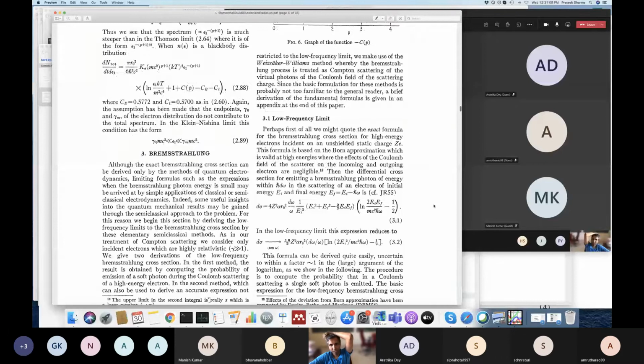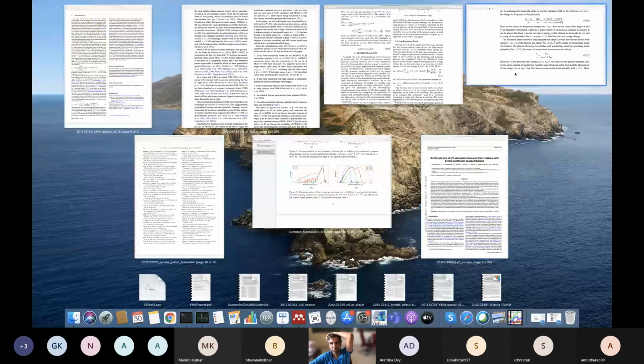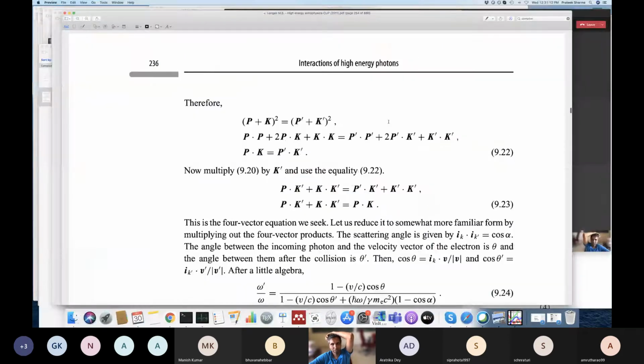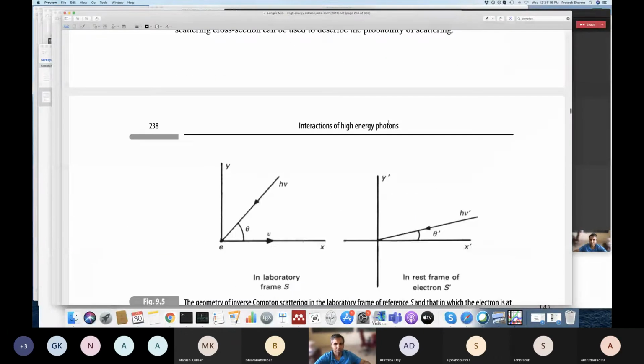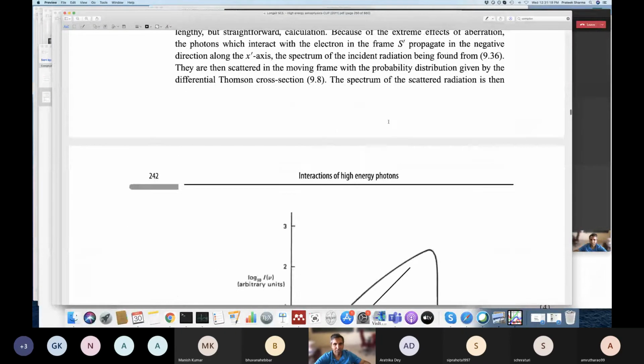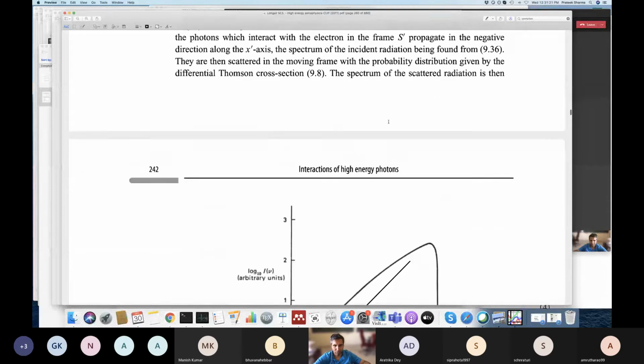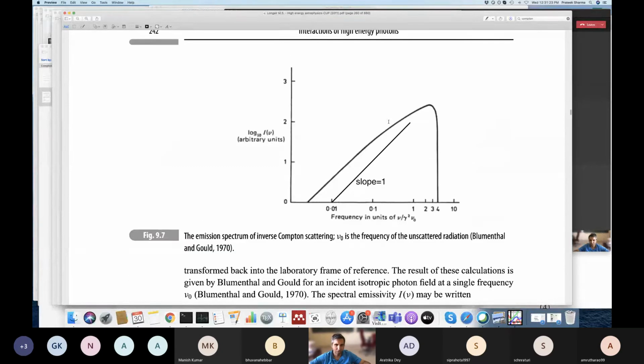Anyway, so the other thing is the book. This is the book by Longair, and here you can actually see exactly what I just drew. So this is slope 1. This is I nu versus nu by gamma squared nu naught. Here it's cutting off at 4, but I was actually normalizing it to nu by 4 gamma squared nu naught.